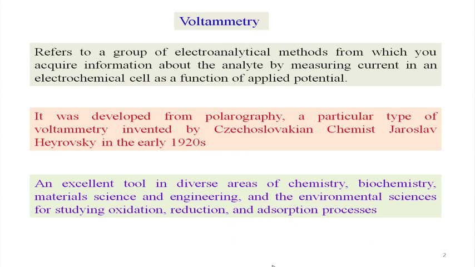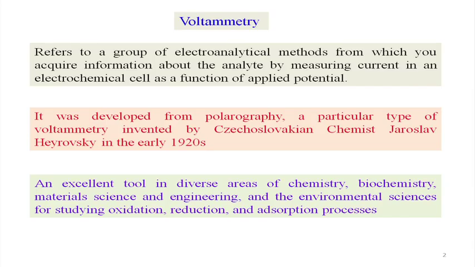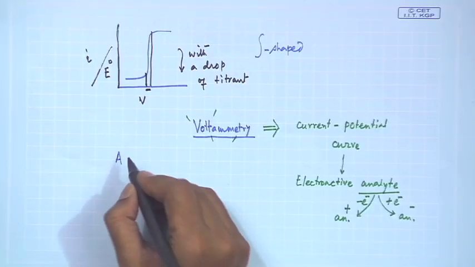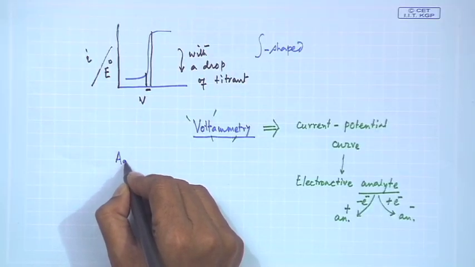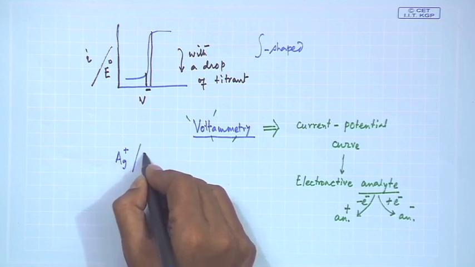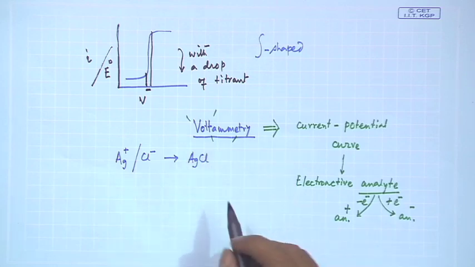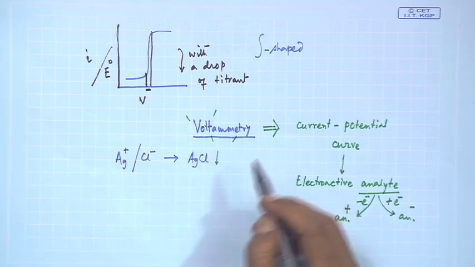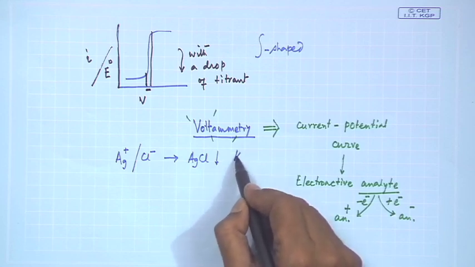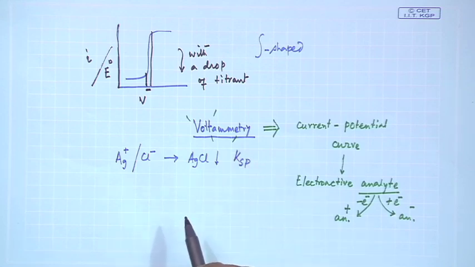So, these three things together: initially we will discuss the oxidation or reduction reactions, then finally we can think of the corresponding adsorption processes, because we can have, as we have just seen, silver 0 going to silver ion, and when it combines with chloride ion, you get the formation of silver chloride, which is a precipitate, we know, sparingly soluble in aqueous medium, having a certain solubility product.